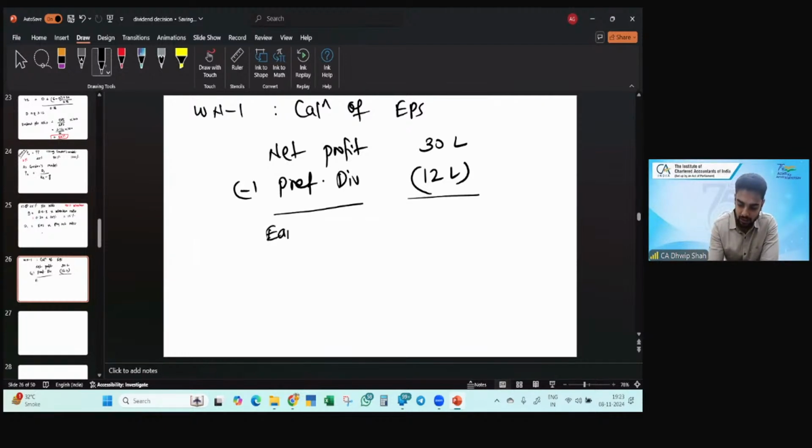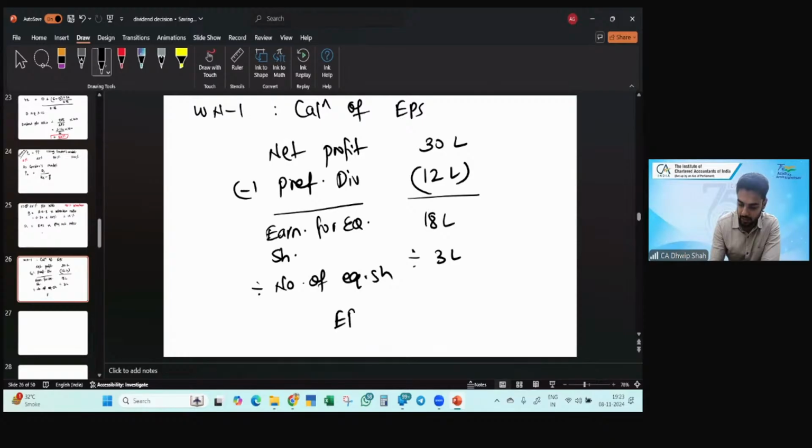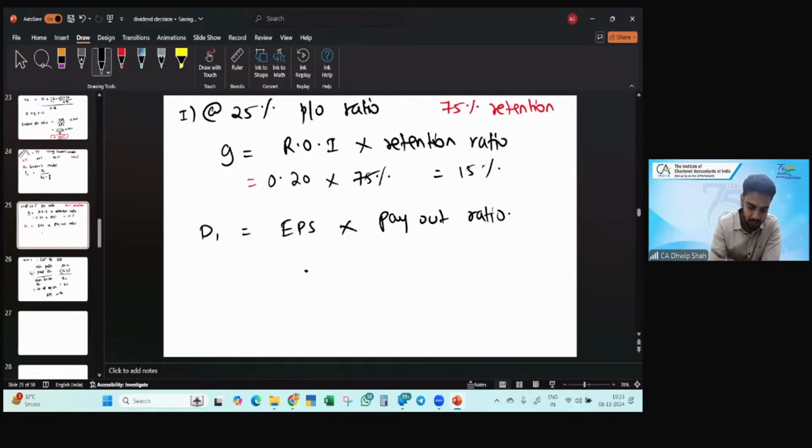This is my earnings for equity shareholders, which comes to 18 lakh divided by the number of equity shares, 3 lakh. So my EPS, earnings per share, comes to 6. So can I say my expected dividend would be 6 into 25%, because we are calculating price when the payout ratio is 25%. So 6 into 0.25, and it comes to 1.5.